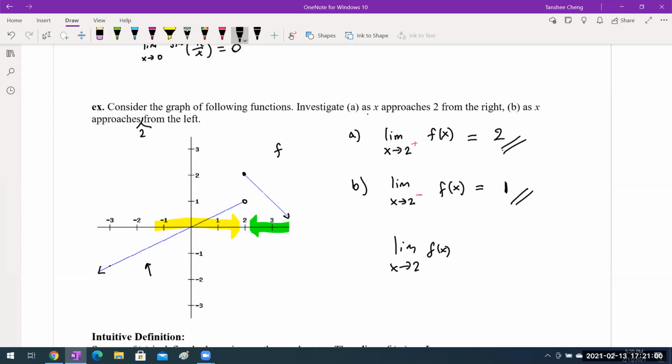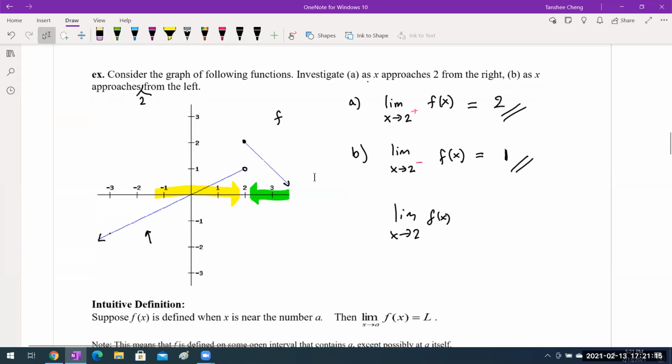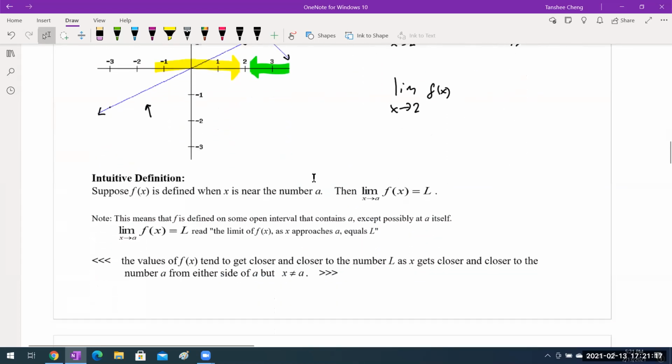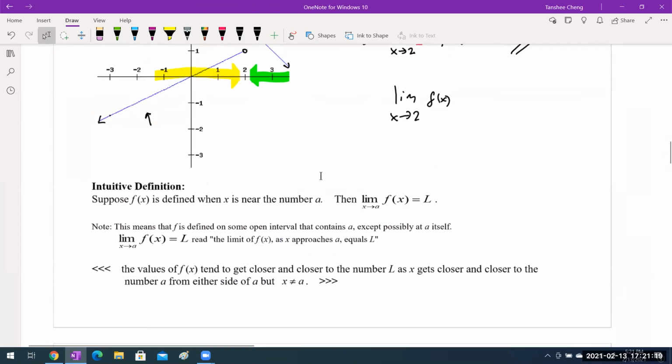So hopefully at this point you're following. When we talk about limits, we are interested in what? Looking at the x value getting closer and closer, what is the output going to be? So the intuitive definition of this, right? We will talk about a precise definition in one section, but the intuitive definition of this limit is this.